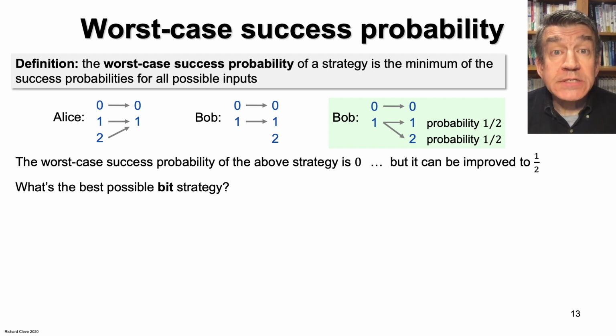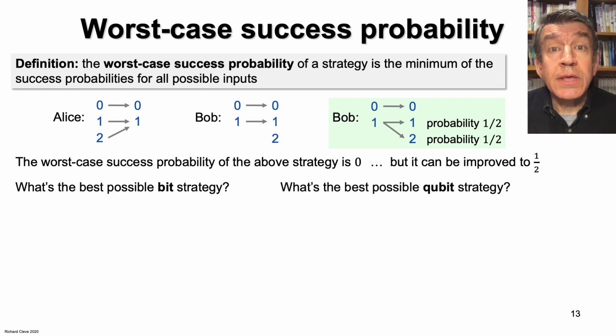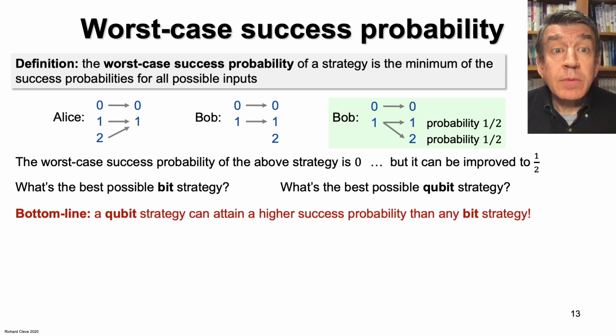Their randomness is uncorrelated. Well, I eventually figured it out, and it was easier than I first thought. I also thought about the optimal worst-case success probability of qubit strategies. What's remarkable is that the worst-case success probability can be higher for a qubit than is possible with a bit.